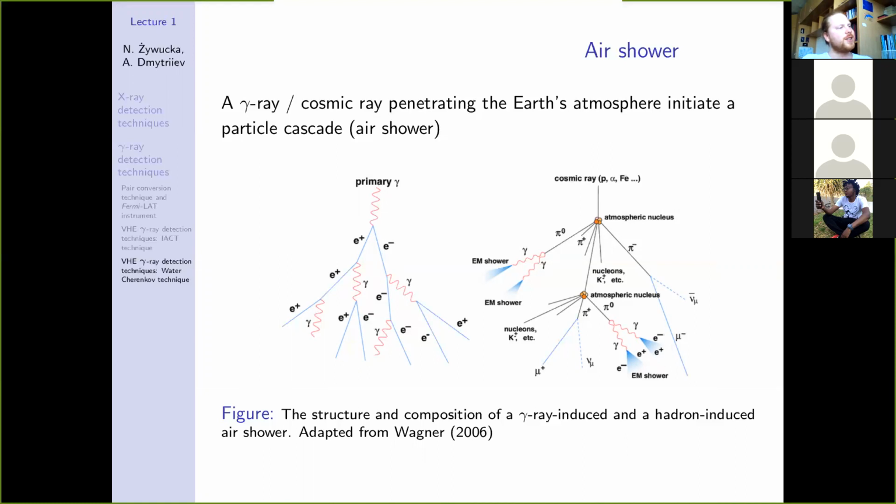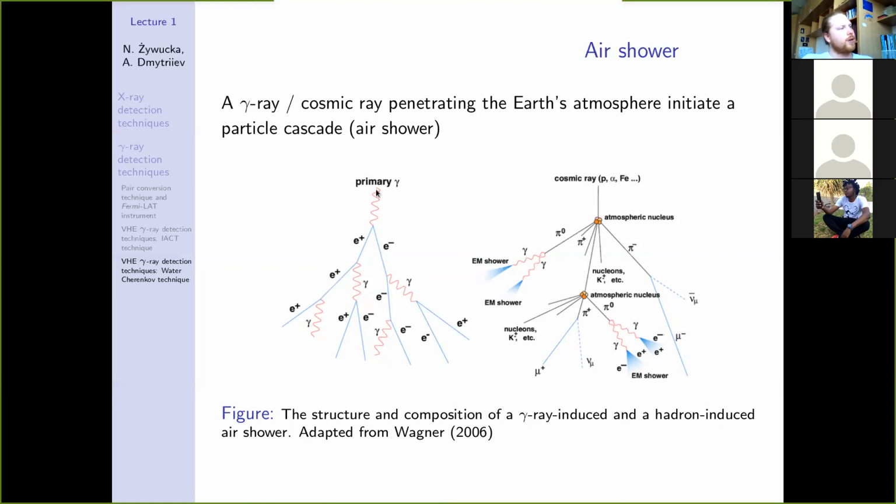This is when a charged particle passes in the Coulomb field of a nucleus. Due to the Coulomb interaction, the charged particle changes its trajectory and a photon is emitted, so a gamma ray.